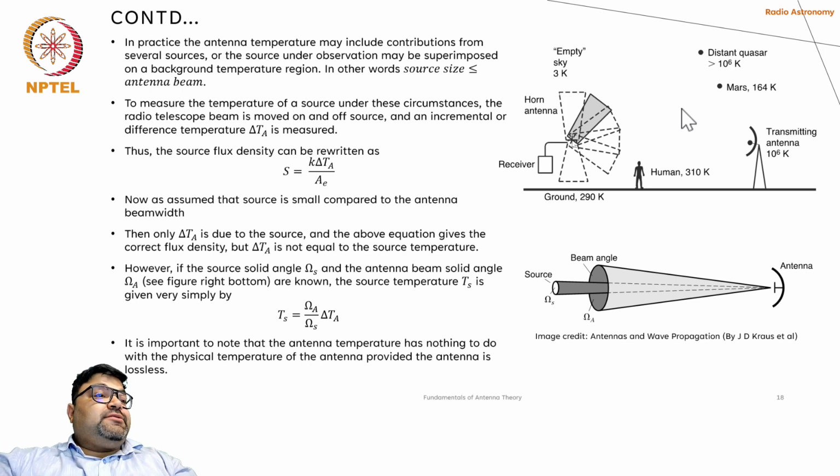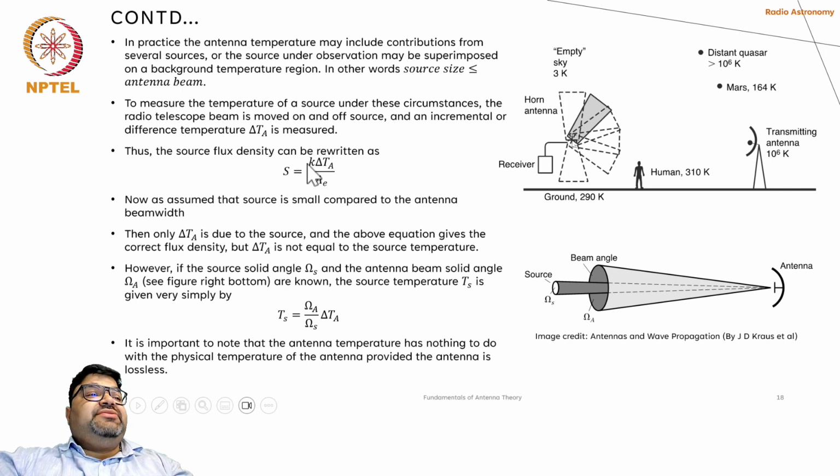So source flux density can be rewritten as K delta TA. To measure the difference of a source under these circumstances, the radio telescope beam is moved on and off source, and an incremental difference temperature delta TA is measured.